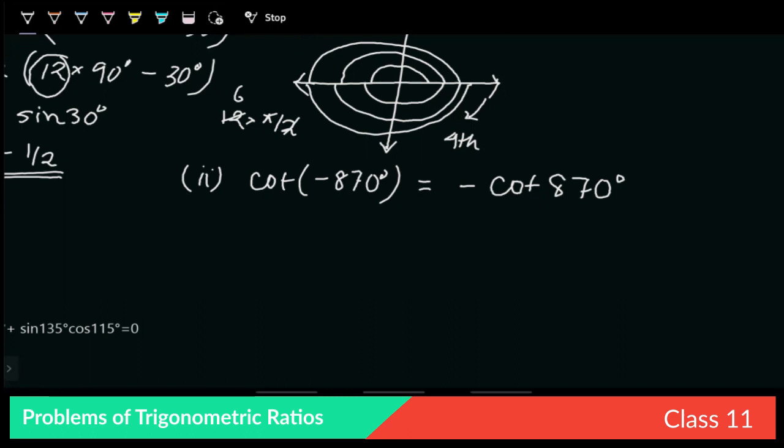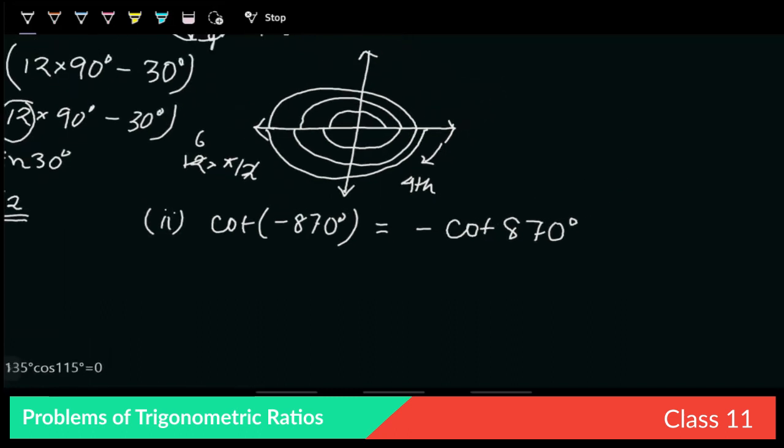Okay, so in this case, what will I do? I will divide this angle by 90. If I divide it by 90, what will I get? 90 into 9 means 810, so I will have the remainder as 60.